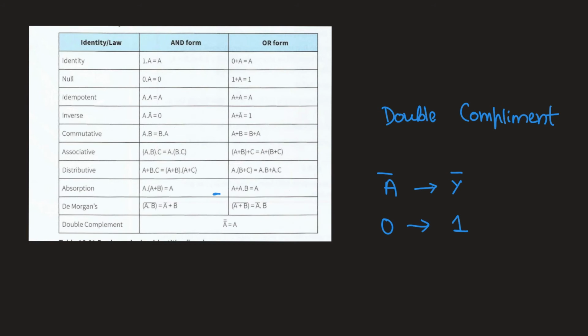We're complementing it 2 times, then our 1 will turn back to 0. Let's just call it z for right now, but it will turn back to 0. If you're complementing the same value twice, 0 turns to 1, and then it turns back to 0. If we have 1, it will turn to 0, but then it will turn back to 1. Since it's binary, it has nowhere else to go. Therefore, the double complement law is just common sense. The double complement of any value is the value itself. That's all it is.